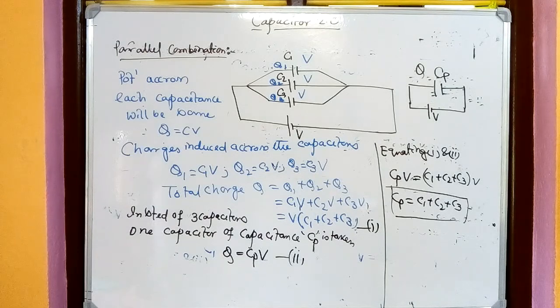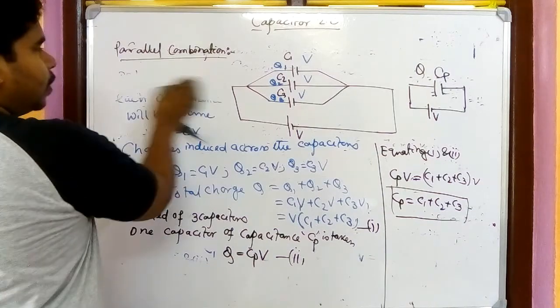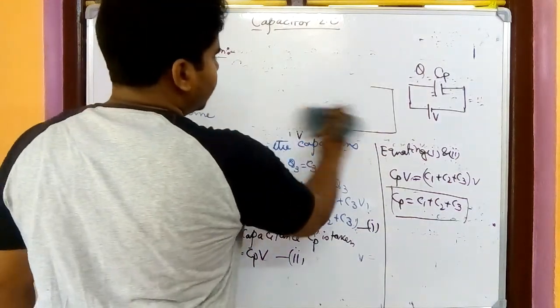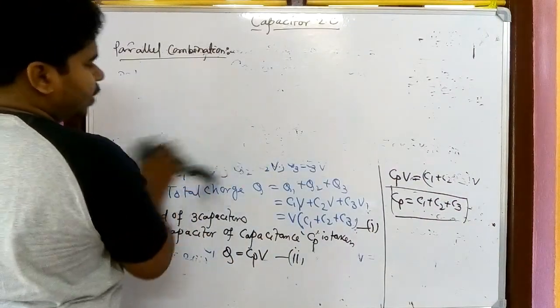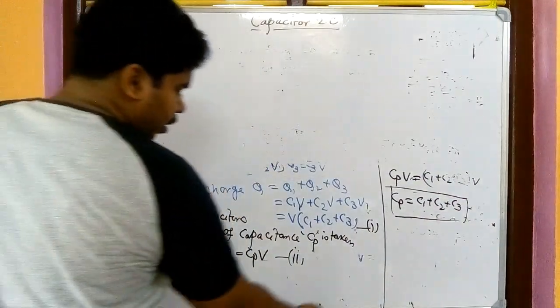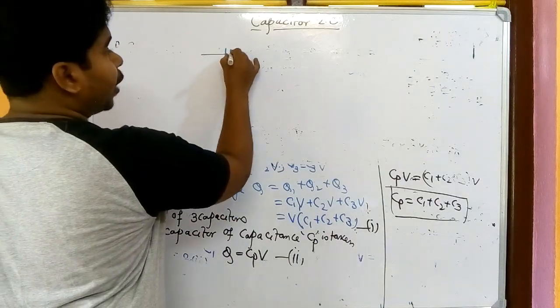What type of numericals can come from this type of questions? Very easy. Assume the numericals you have done simply for the case of resistances. I am just doing an arbitrary numerical, maybe it is coming in fraction.